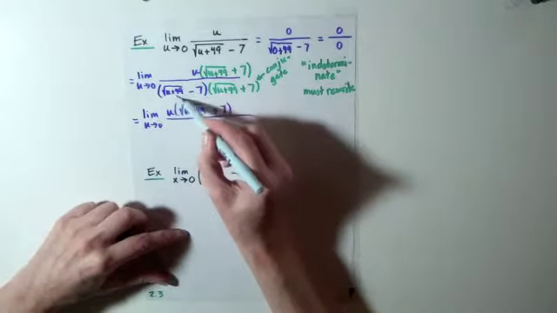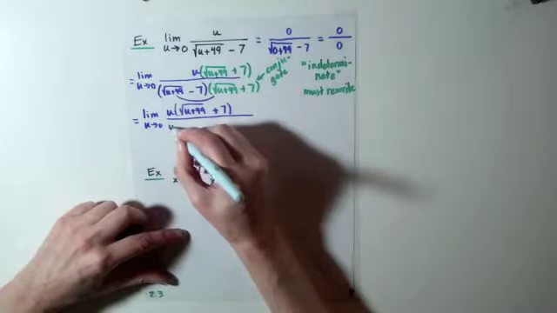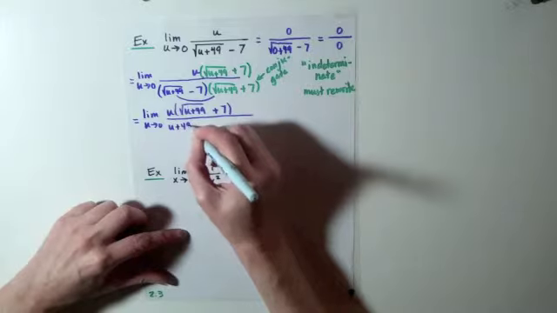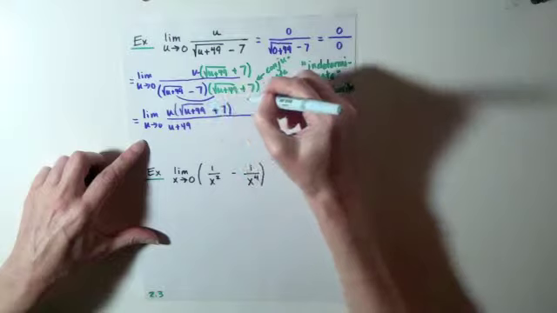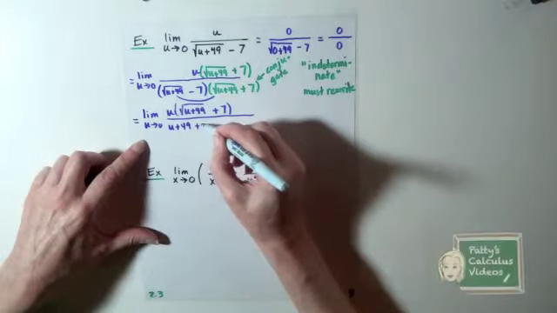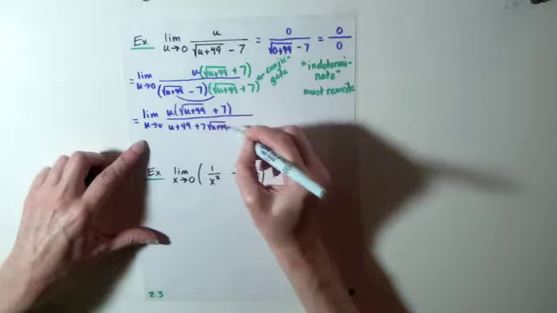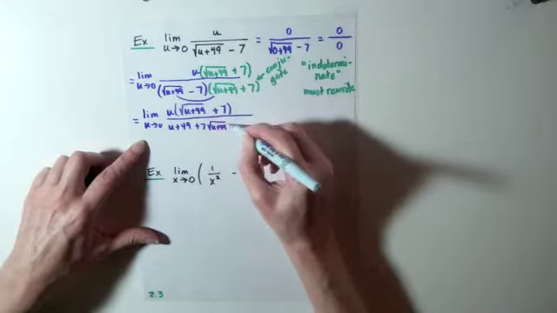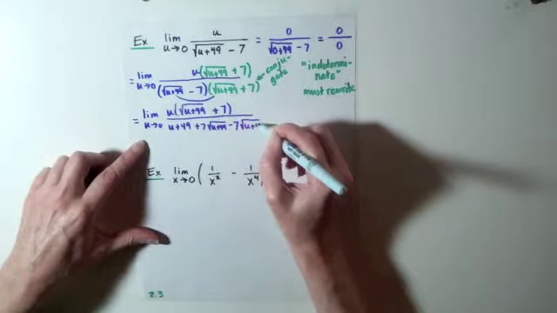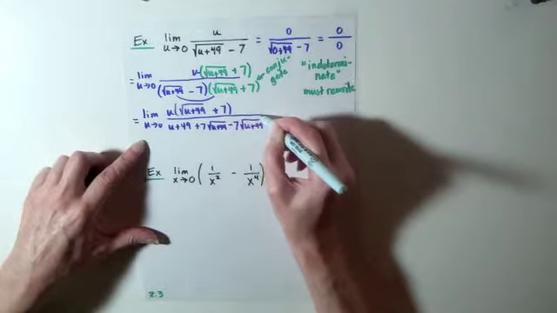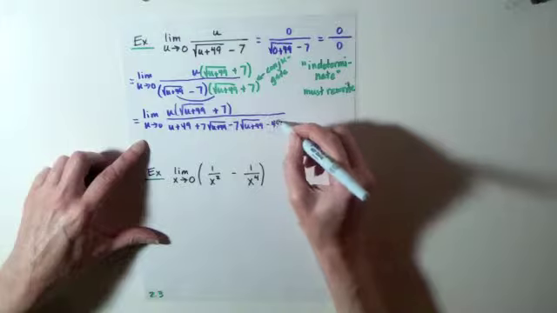So when I multiply these two terms together, I'm going to get u plus 49, and the square root will disappear. When I do the outer two terms, I get a plus 7 times square root of u plus 49, and when I multiply the inner terms together, I get a minus 7 times square root of u plus 49. And then when I multiply the last together, I get negative 7 times 7, negative 49.